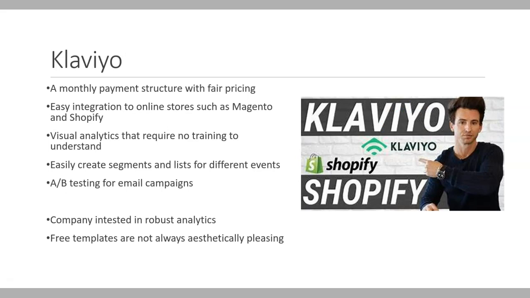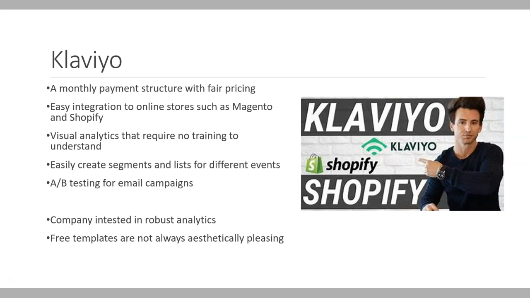Klaviyo's claim to fame is its integration with Shopify, and that gives it a true advantage for the small business who's selling through the Shopify platform. It has a monthly payment structure, pretty fair in pricing. You can really get value out of the analytics they've built.